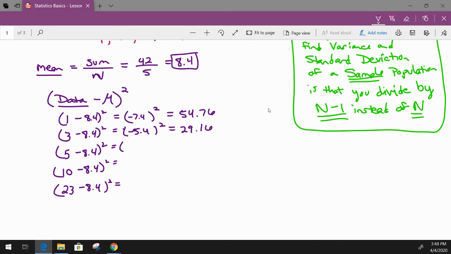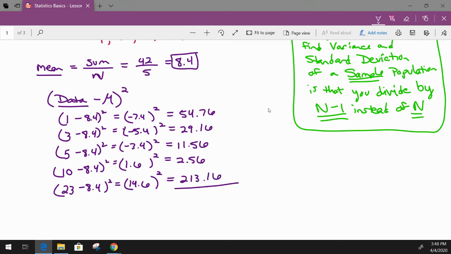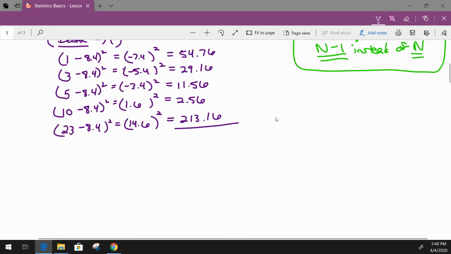When you take 5 minus 8.4, you get negative 3.4, squared is 11.56. When you take 10 minus 8.4, you get 1.6. You square that, which gives you 2.56. The 23 minus 8.4 is 14.6, squared is 213.16.